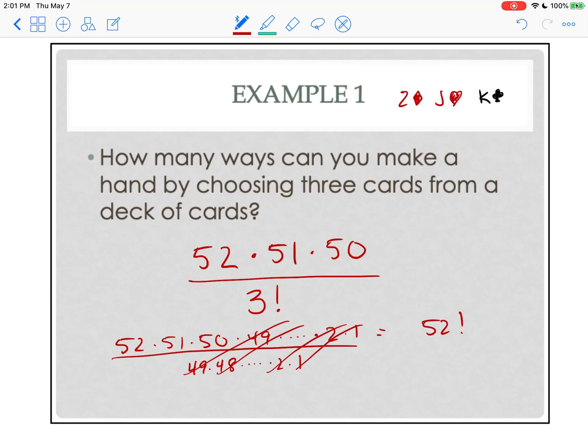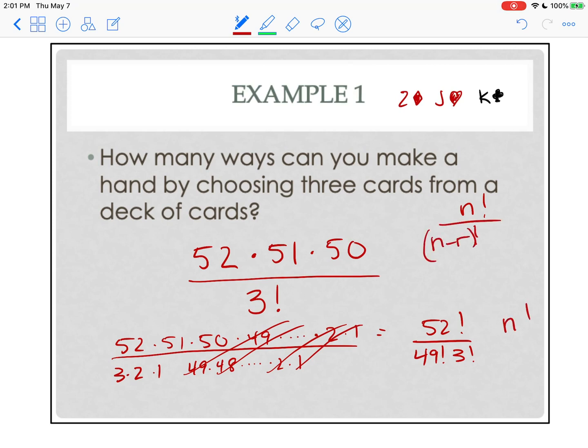But what I also have to do is divide by the number of ways that I can arrange 3 cards in my hand. So this is going to be 52 factorial divided by 49 factorial divided by 3 factorial. Remember, the permutation formula was n factorial over n minus r factorial.